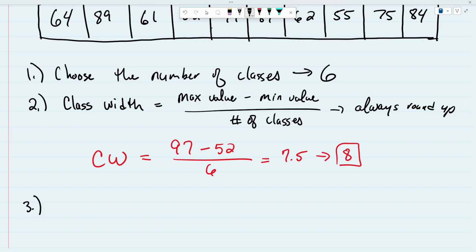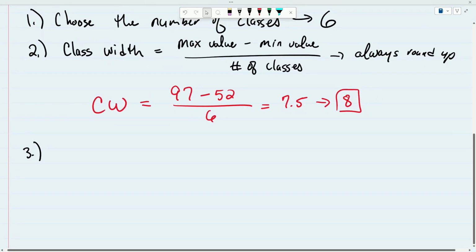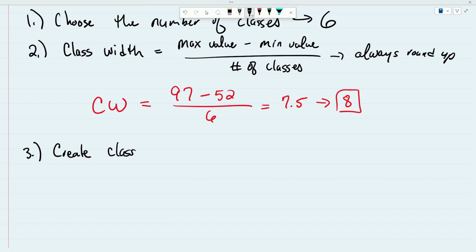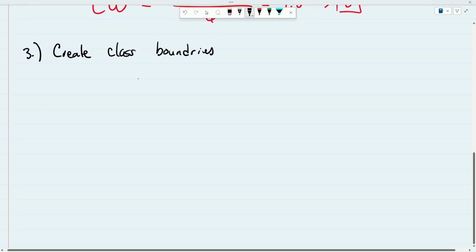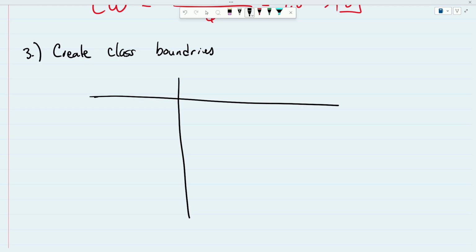Now, step number 3 is to go ahead and start to build your lower class boundaries. All right. So I'm going to write just create class boundaries. All right. And here's how we do this. I'm going to create like a little table here. On the left hand side, I'm going to write class boundaries. On the right hand side, I'm going to write relative frequency.